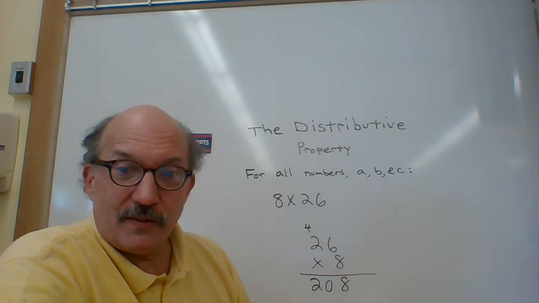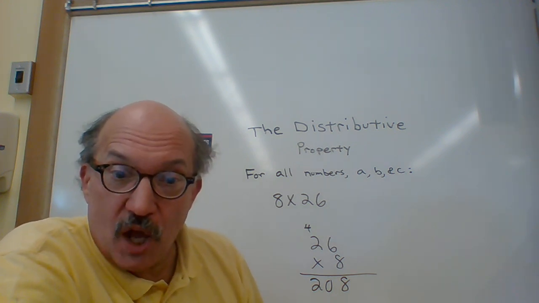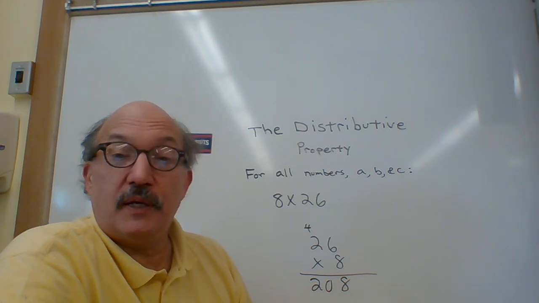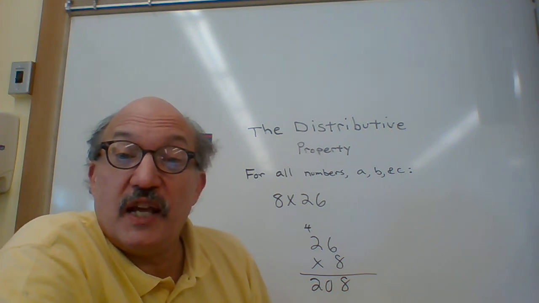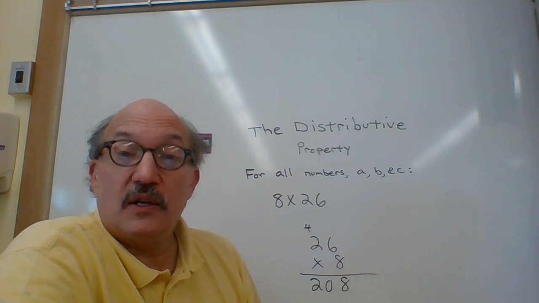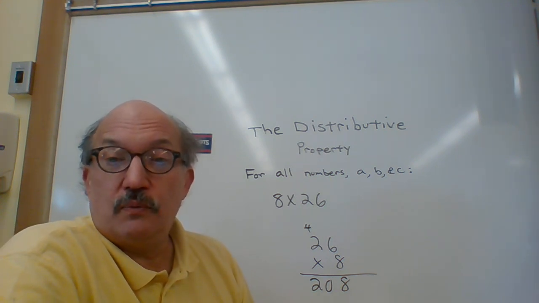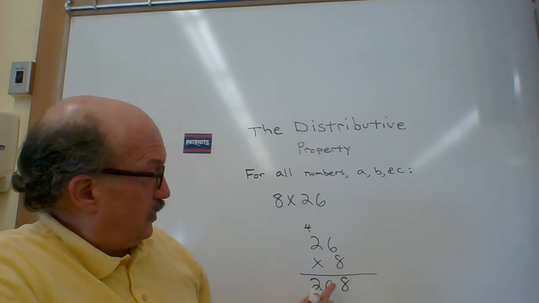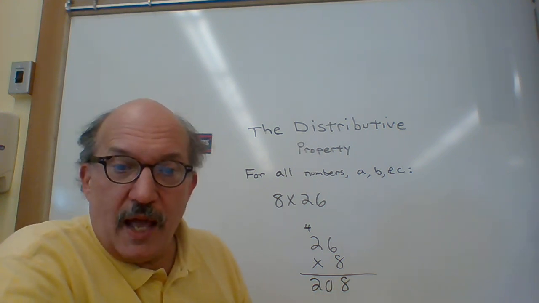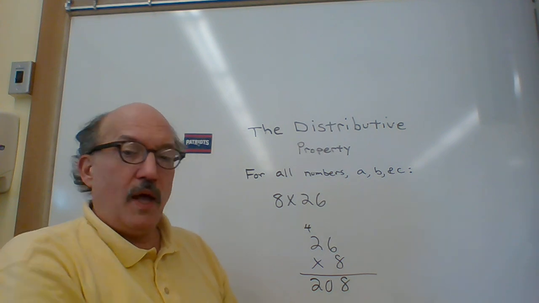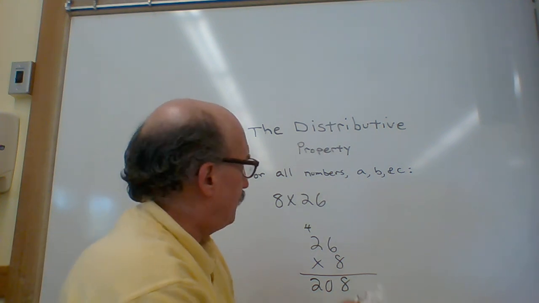Algorithm sounds mysterious and complicated, but it's simply a series of math steps that are taken to answer a question. This is the multiplication algorithm. Well, what about the distributive property?